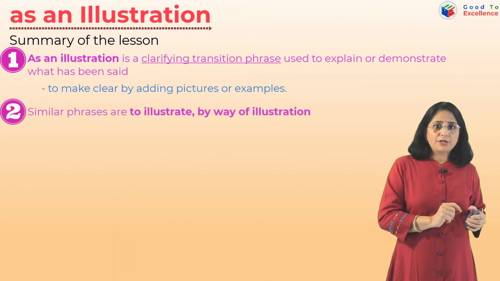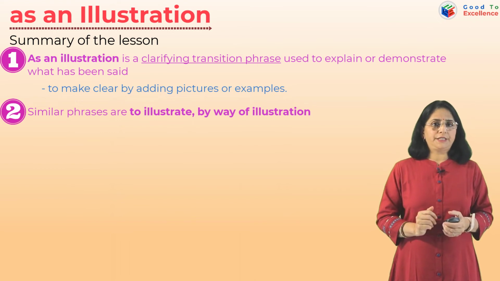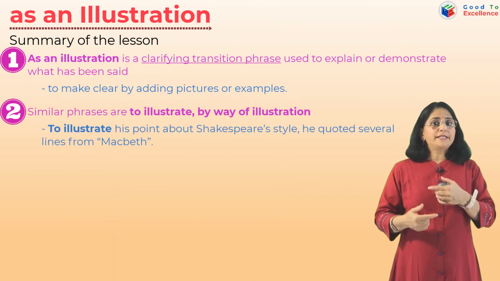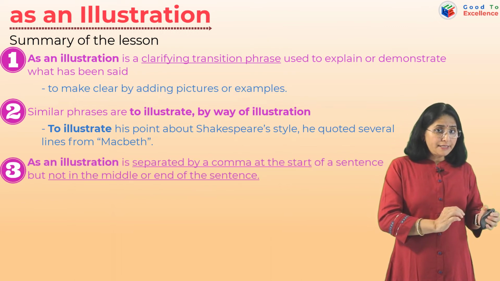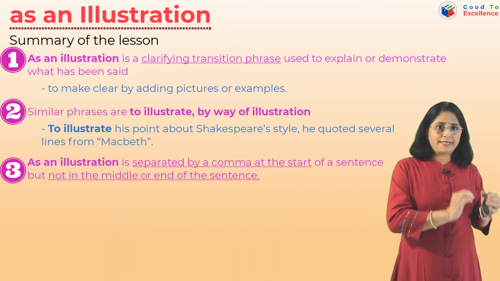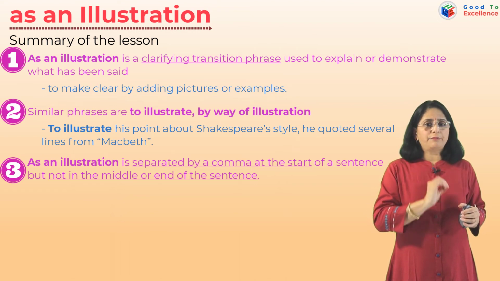Similar phrases are to illustrate or by way of illustration. To illustrate his point about Shakespeare's style, he quoted several lines from Macbeth. As an illustration is separated by a comma at the start of a sentence, but not in the middle and end of the sentence.